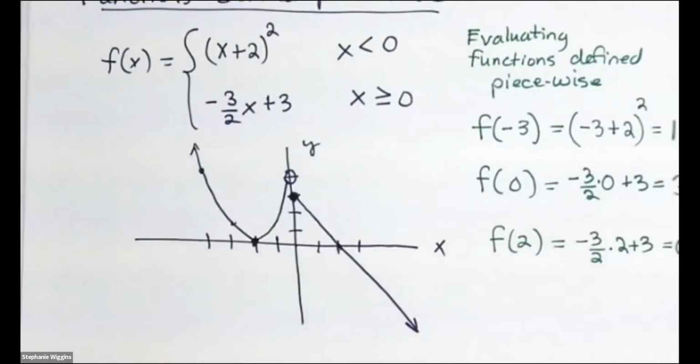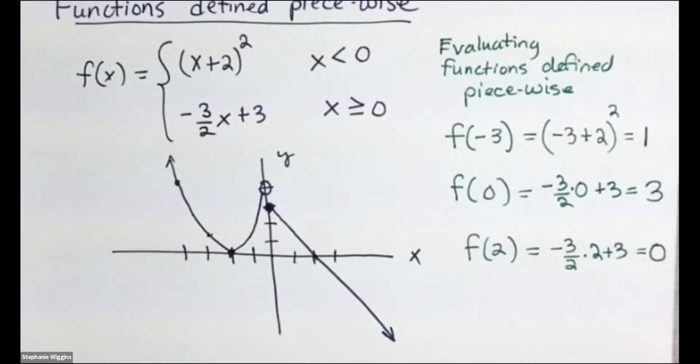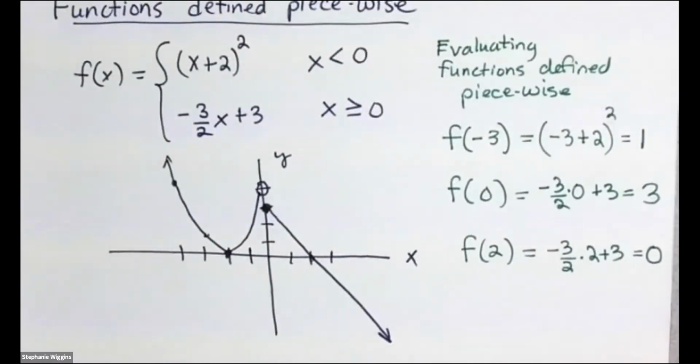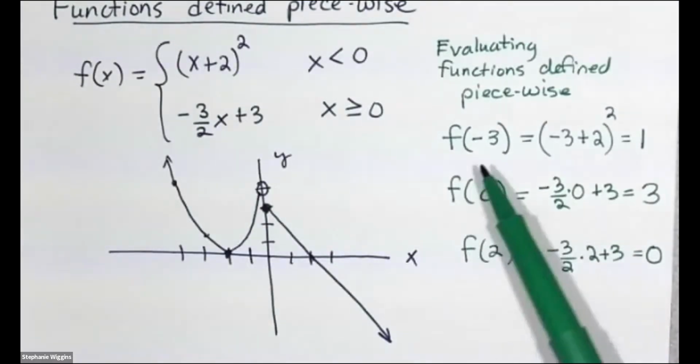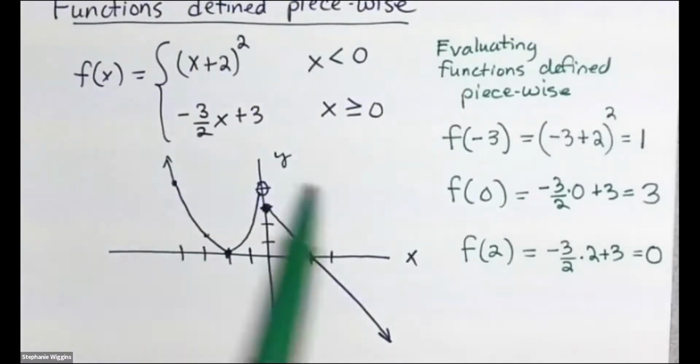So you can see those points. Those are points on the graph. There are obviously many, many more points, but these are just examples that we're looking at now. Oops, I'm sorry. Now you can see the answers there. So -3, 1, 0, 3, 2, 0 are all points on the graph.